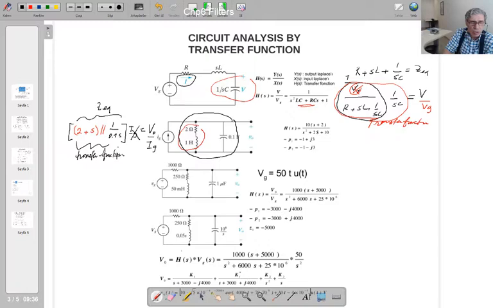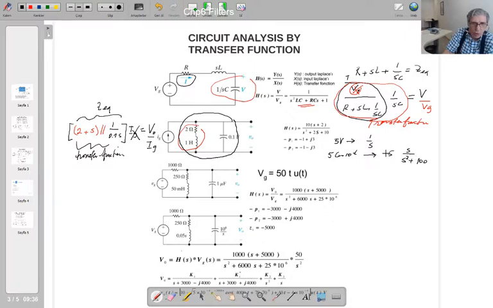So by using the transfer function, when the input is given to you, any source, it could be a DC source. If it is a DC source, let's say 5 volt, the transform of this is 5 over S, isn't it? If it is a sinusoidal function, let's say 5 cos 10t, the Laplace transform of this is 5s over s squared plus omega squared, which is 100.